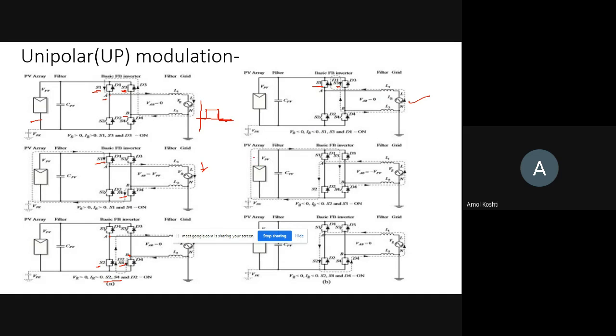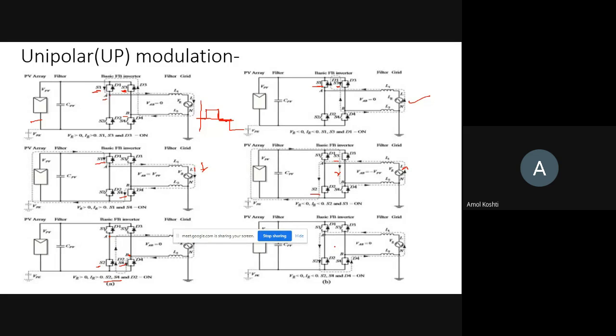When we connect the PV to produce the negative half, like bipolar switching, we apply the pulse to S3 and S2, which are two diagonally opposite switches. Here the direction of current to the load is opposite to the positive half, so the negative half will be produced.